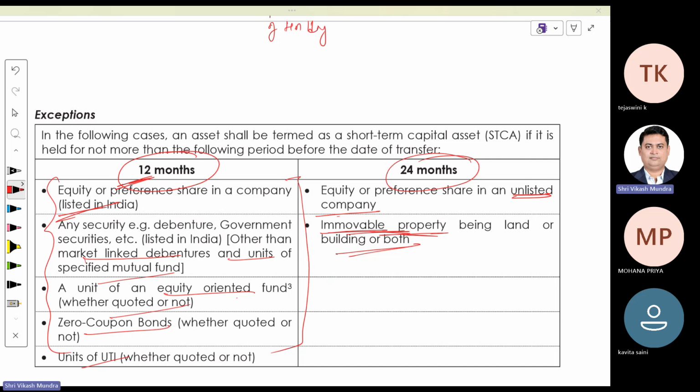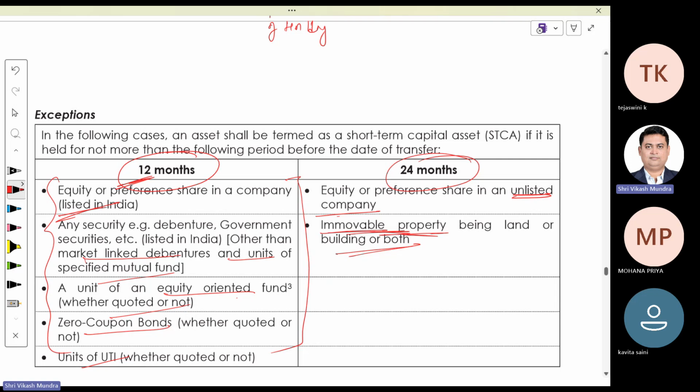Please remember the list of assets for which we consider a period of holding of 12 months, and those for 24 months. For 24 months: equity or preference shares of an unlisted company, and immovable property being land or building or both.